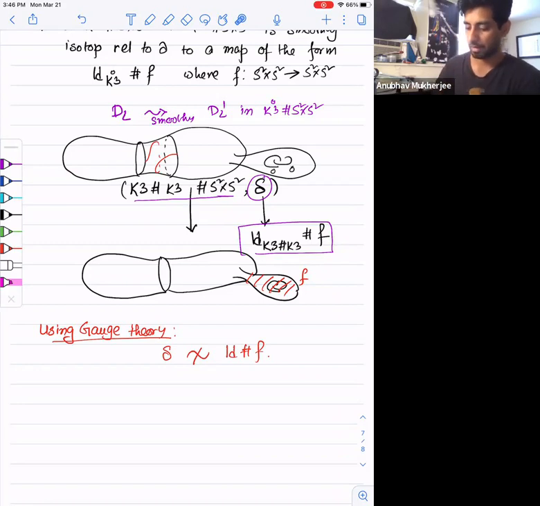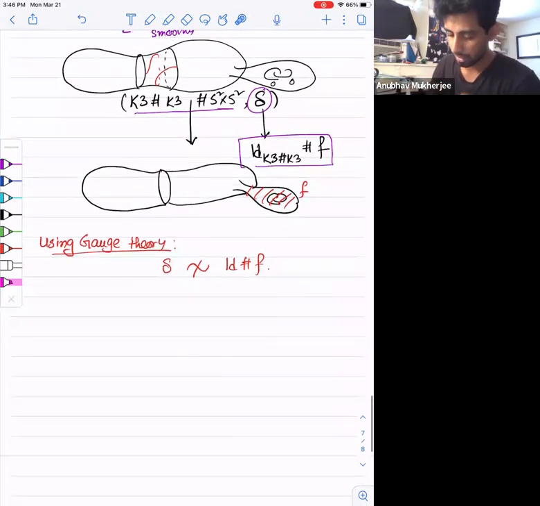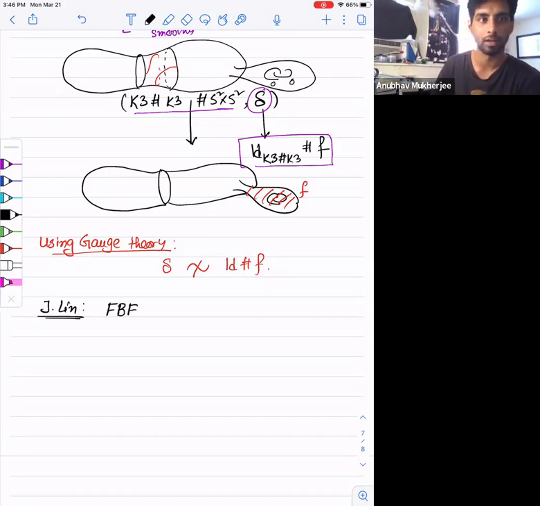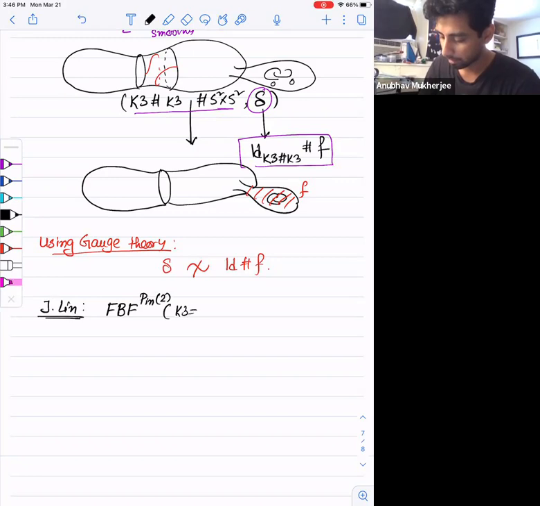Here is the interesting fact that Jianfeng Lin proved, that for the Pin(2)-equivariant family Bauer-Furuta, so that's why I write FBF, this map is non-trivial.